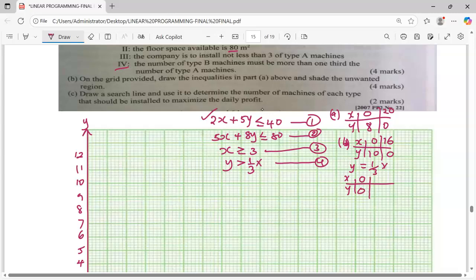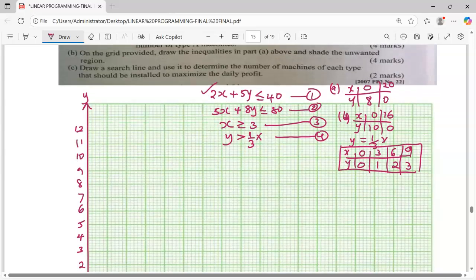If X is 3, the value of Y will be 1. If X is 6, then Y is 2. If X is 9, for example, then Y will be 3. Those points are enough for us to draw our graph.